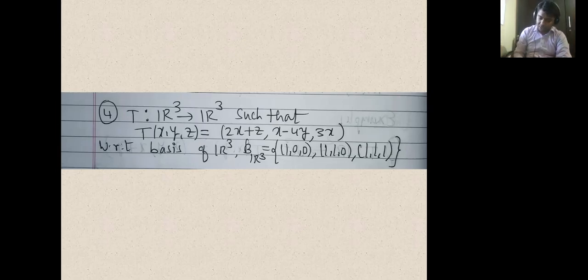So I will have the vector (2, 1, 3) equal to (alpha, 0, 0) plus (beta, beta, 0) plus (gamma, gamma, gamma), that is equal to (alpha plus beta plus gamma, beta plus gamma, gamma).